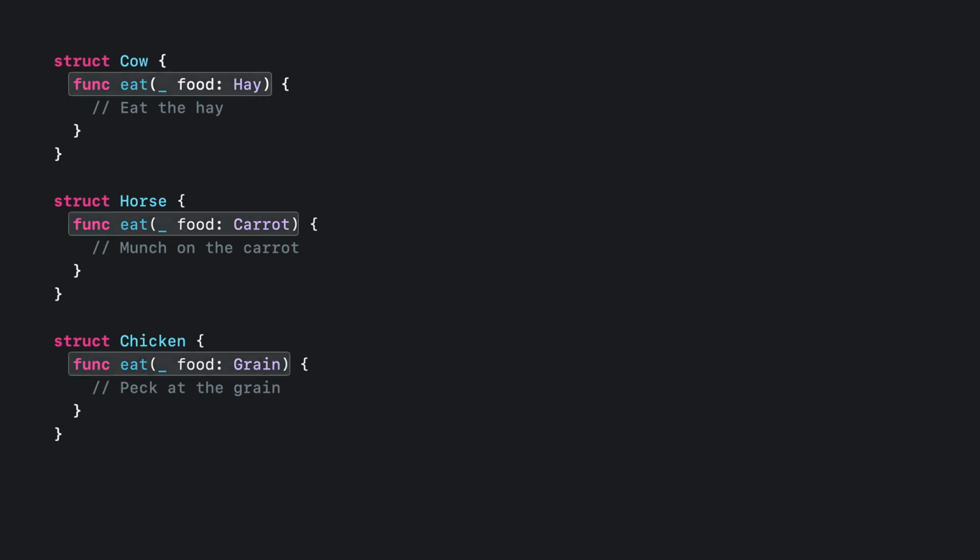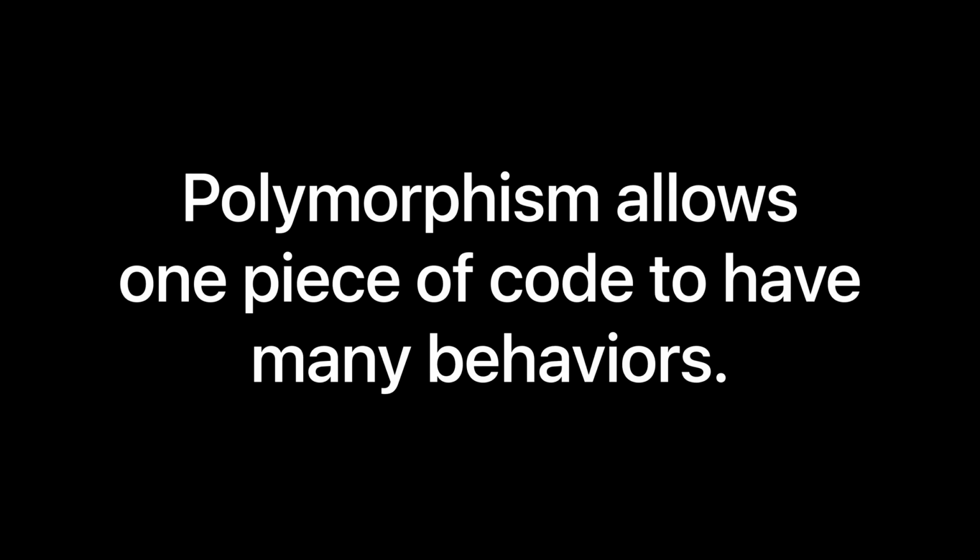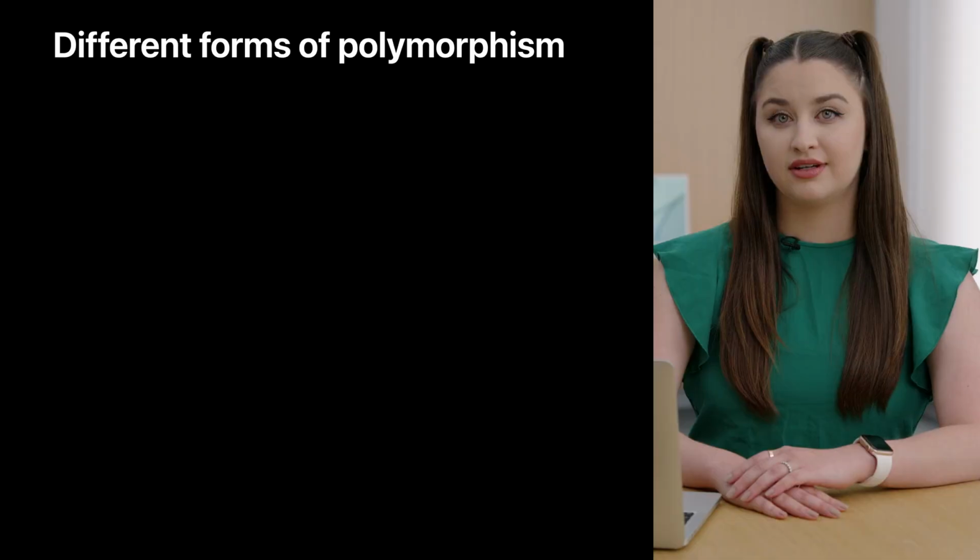What we want to do is allow abstract code to call the eat method and have that abstract code behave differently depending on the concrete type it's operating on. The ability of abstract code to behave differently for different concrete types is called polymorphism. Polymorphism allows one piece of code to have many behaviors depending on how the code is used.